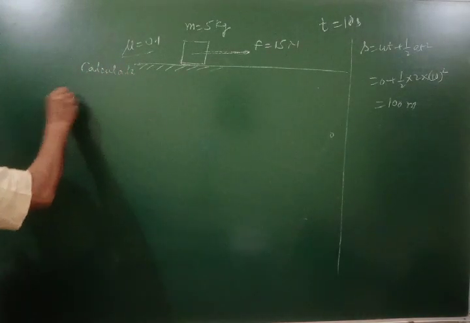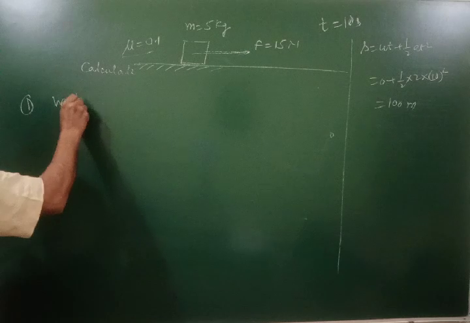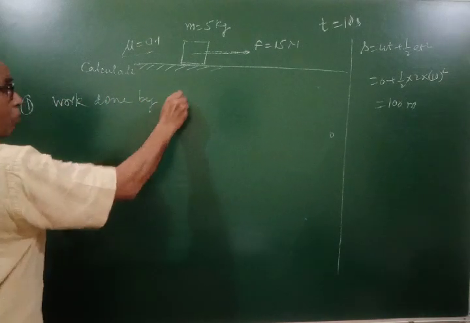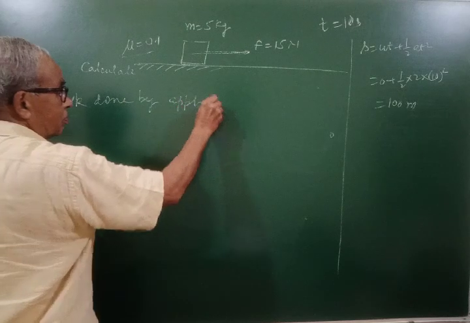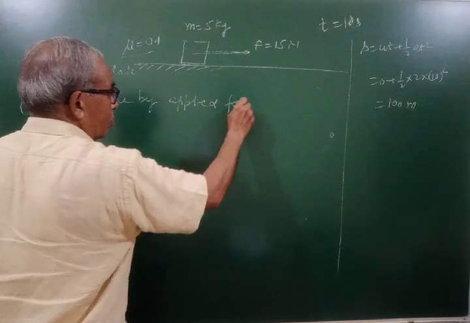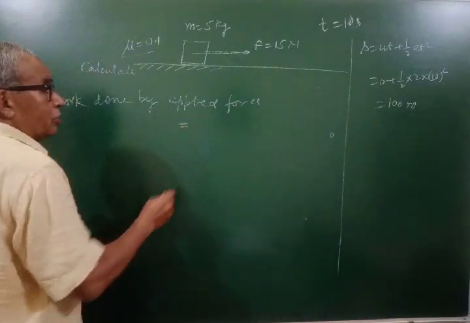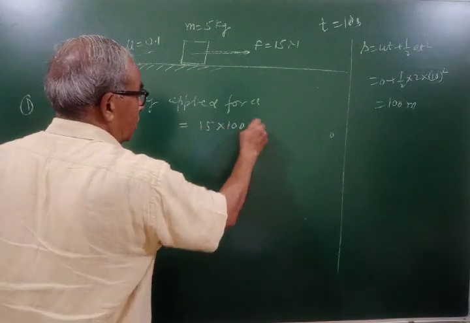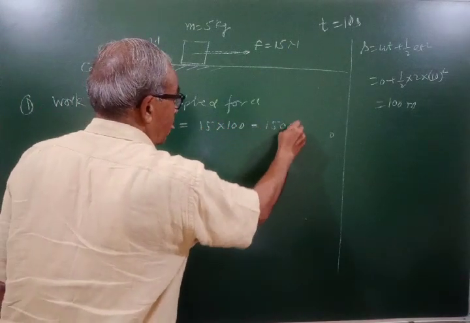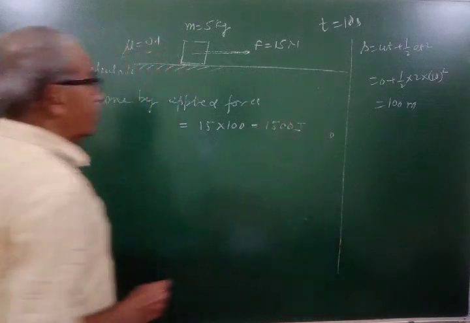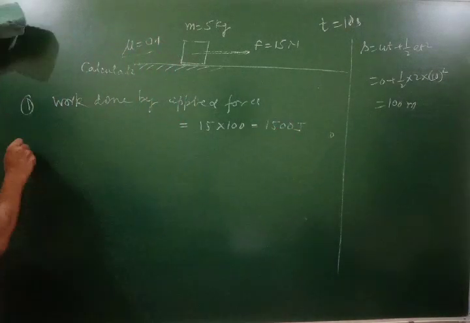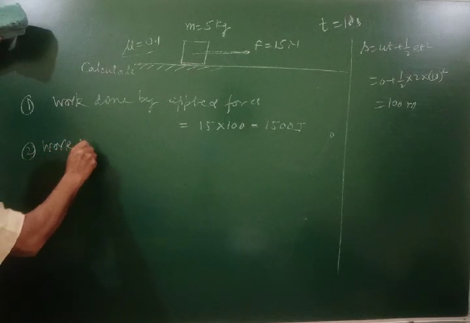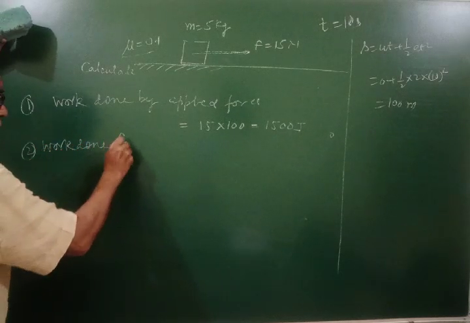Work done number 1, work done by applied force. Force into distance, 15 into 100, so 1500 joule is the work done by applied force. Number 2, work done by force of friction.